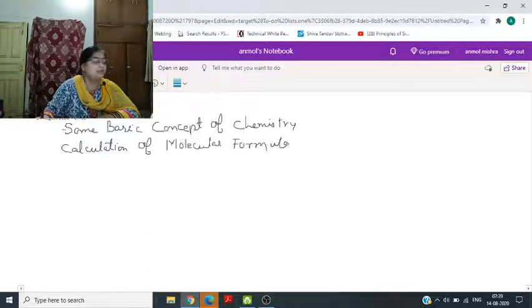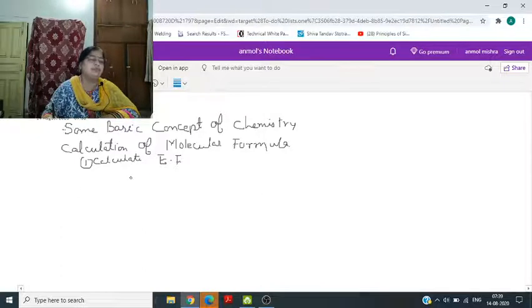To calculate the molecular formula, the first step is to calculate the empirical formula. Then calculate the empirical formula mass.